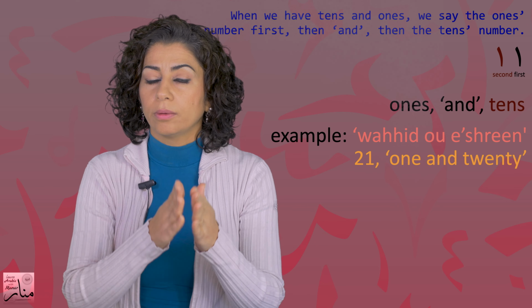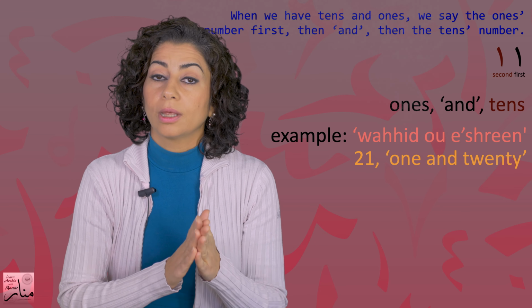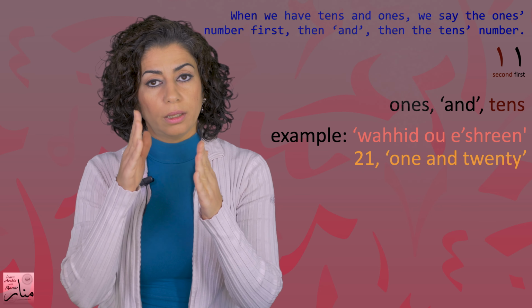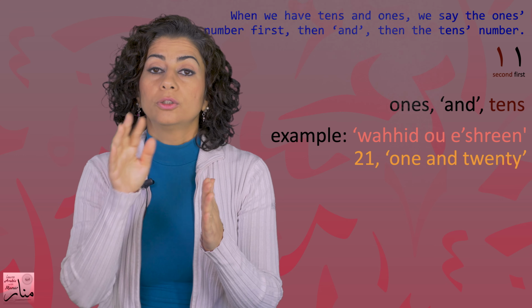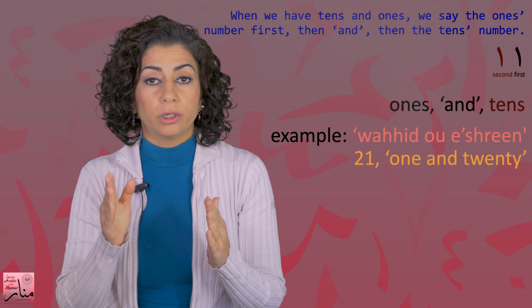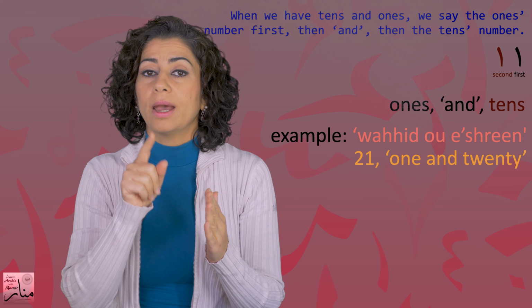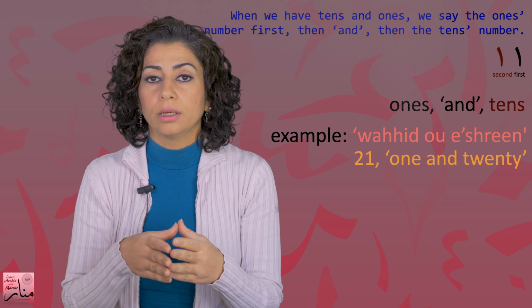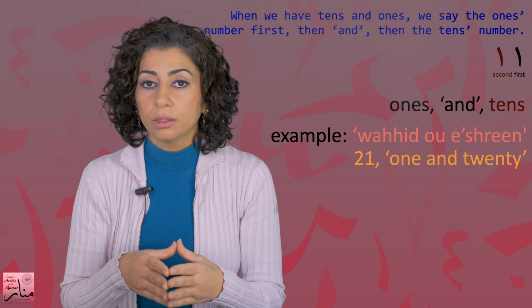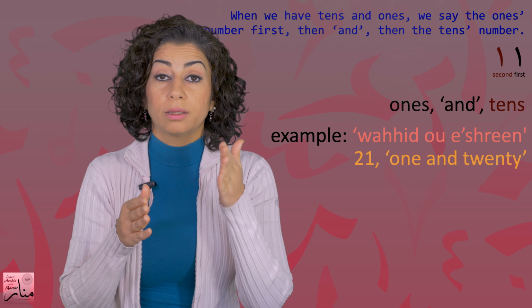When we have only tens and ones, we write them as in the Latin system, tens and after that the ones, but we read them from right to left. So we read first the ones, we add the sound u or and in English, it is u in the Levantine dialect, and after that we say the tens.